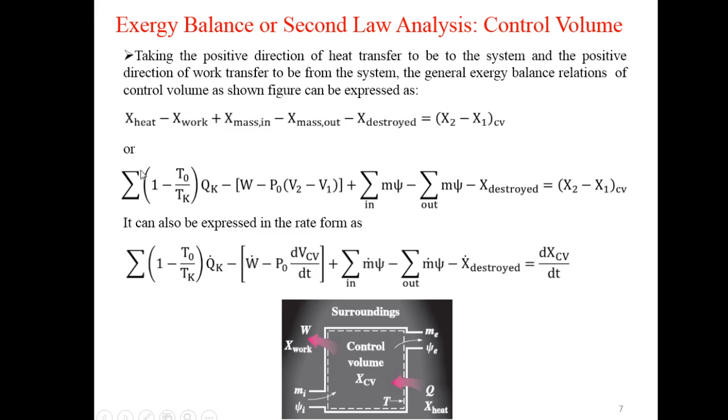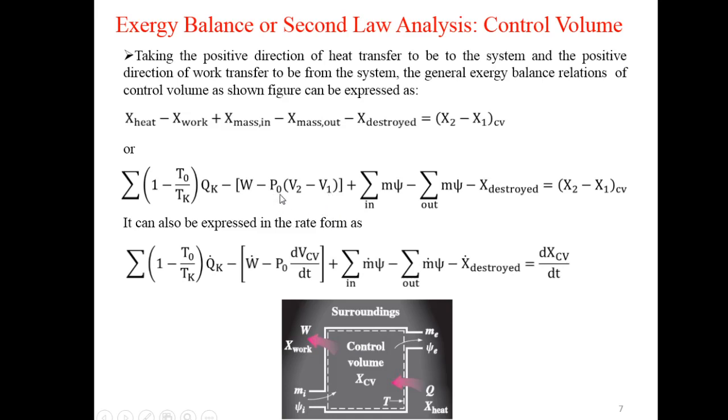Or we can say this exergy due to heat will be equal to summation of (1 minus T0, the dead state or surrounding temperature, divided by Tk, temperature of the k-th component) times Qk, minus exergy due to work, W minus P0 (V2 minus V1). This is surrounding work.